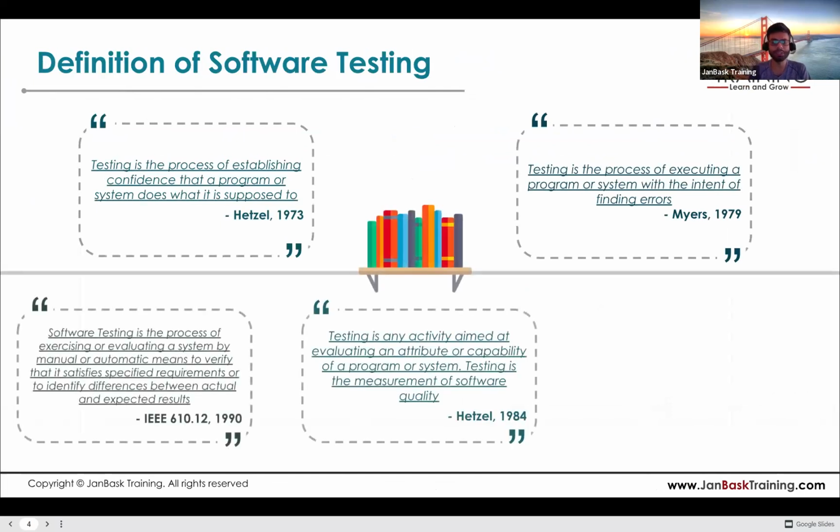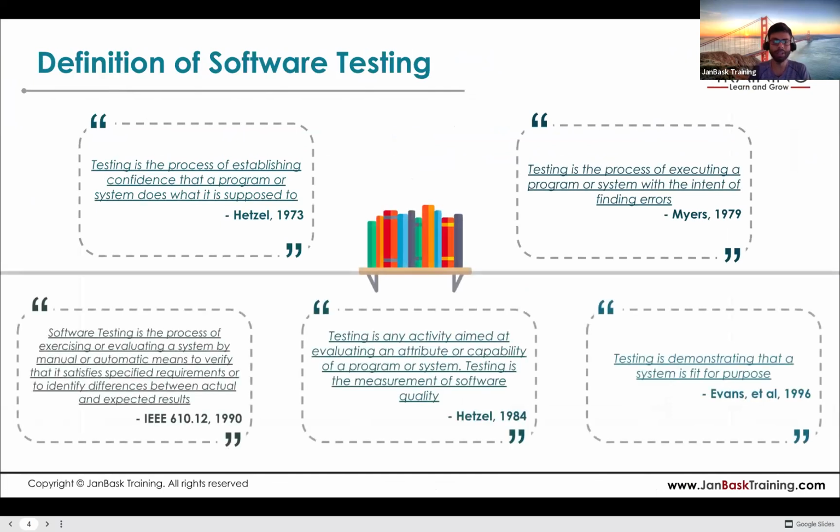There are other definitions of software testing as well. The first one is, testing is the process of establishing confidence that a program or system does what it's supposed to do. As we already discussed, whenever you are finding bugs and the bugs are getting tested and resolved by the developers, the confidence level as a team will go up, right?